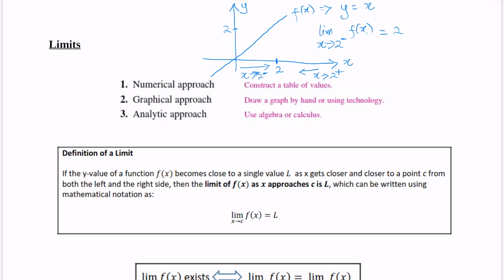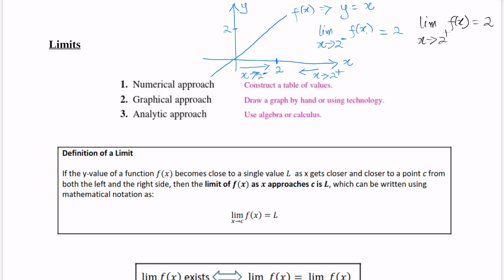We also need to find the limit as x approaches 2 from the right, and you can clearly see that the limit as x approaches 2 from the right of f of x is also equal to 2. Now, how did we see that?